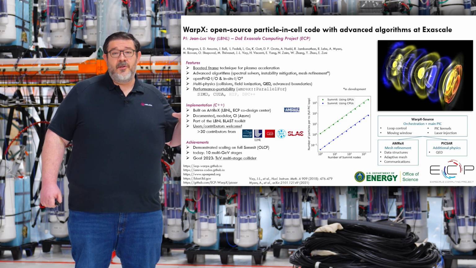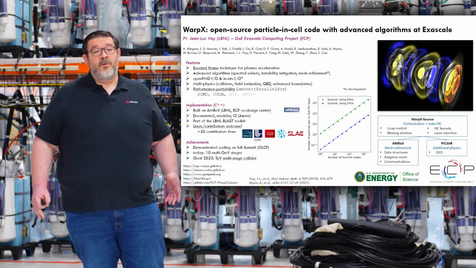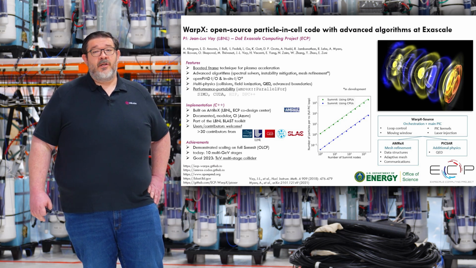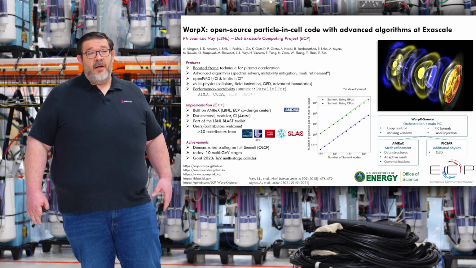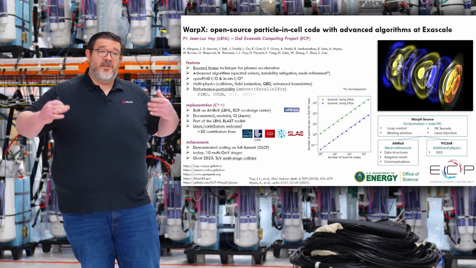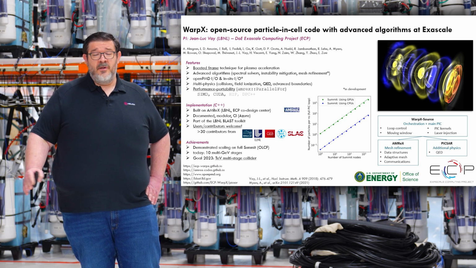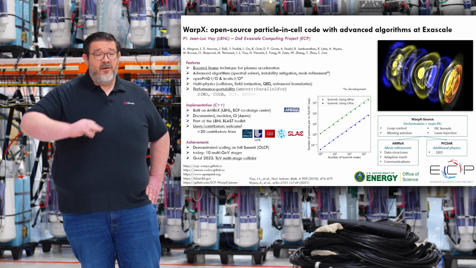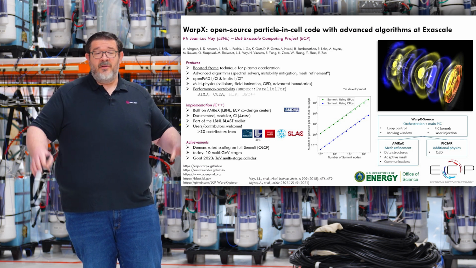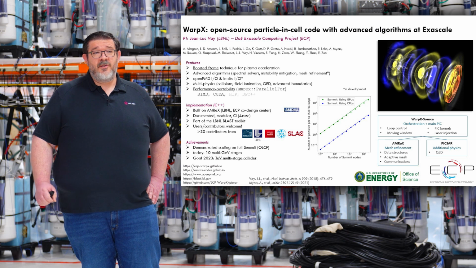The code that we're using and actively contributing to is an open source code called WarpX. It's built on top of a performance portable framework called AMReX, and to be honest, it's one of the fastest particle-in-cell codes in the world. It can scale to entire supercomputer runs, with very strong and weak scaling performance.